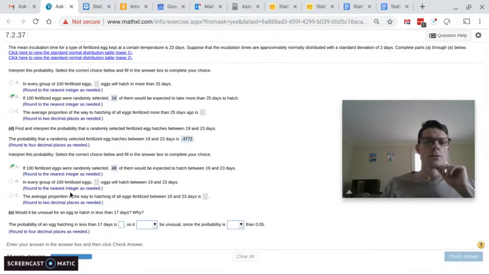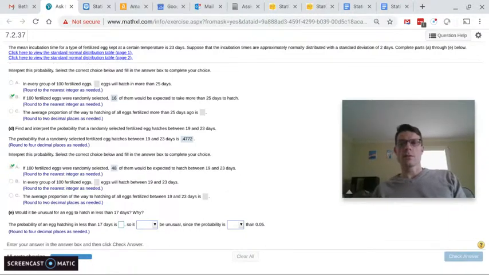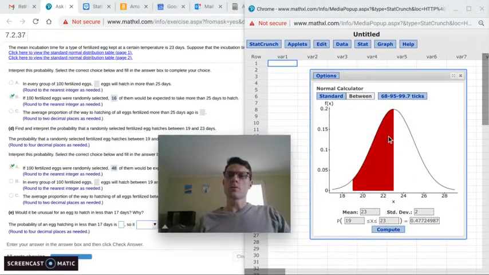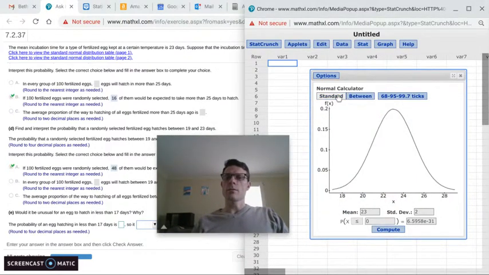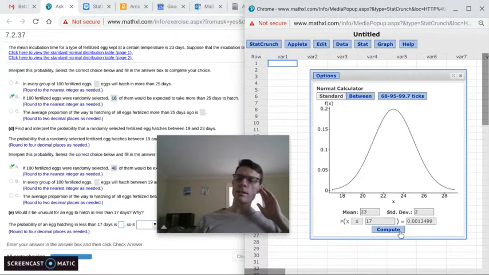Okay. So would it be unusual for an egg to hatch in less than 17 days? Well, we just need to figure out if the probability that an egg hatches in less than 17 days would be less than 5%. So let's go back to the calculator. I'm going to go not in the between, but the standard. Let's see what the probability is of hatching in less than 17 days.